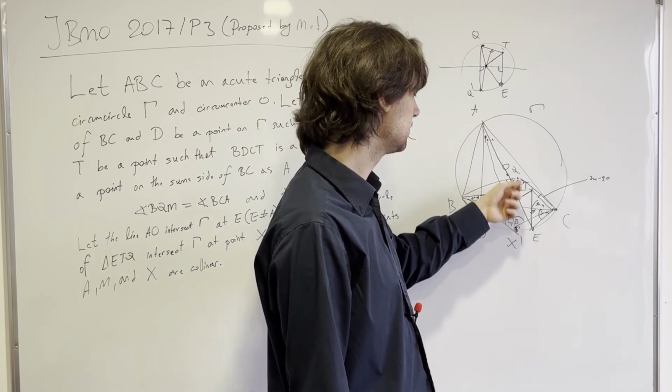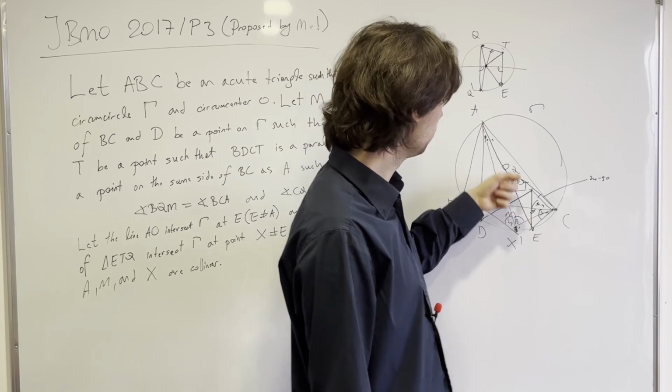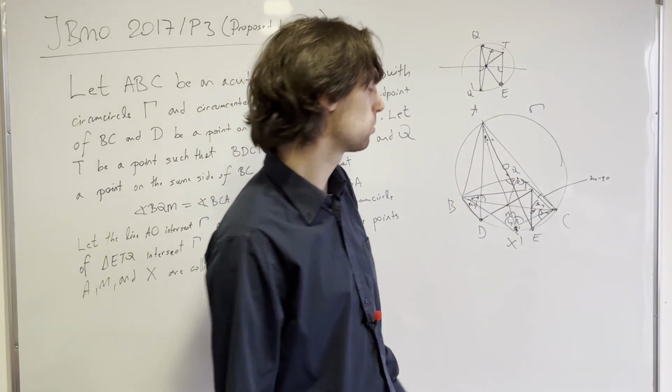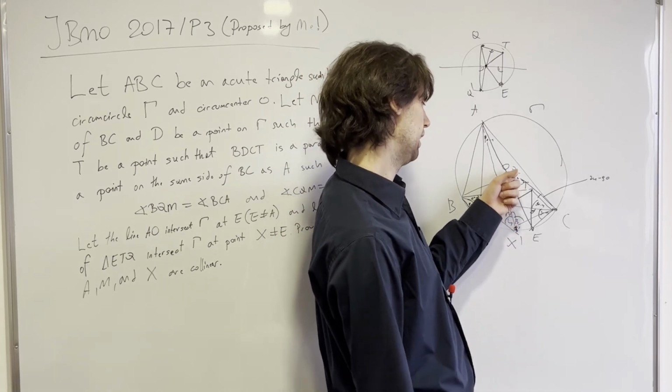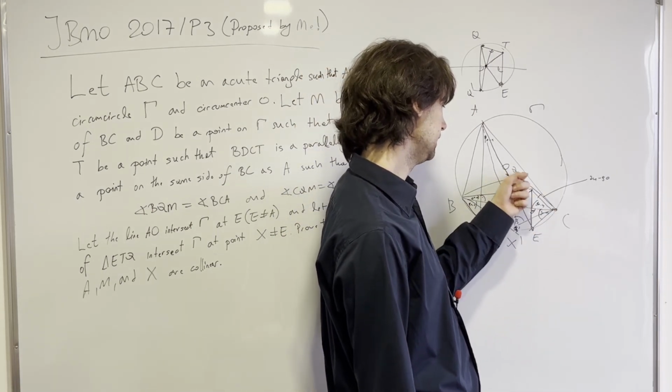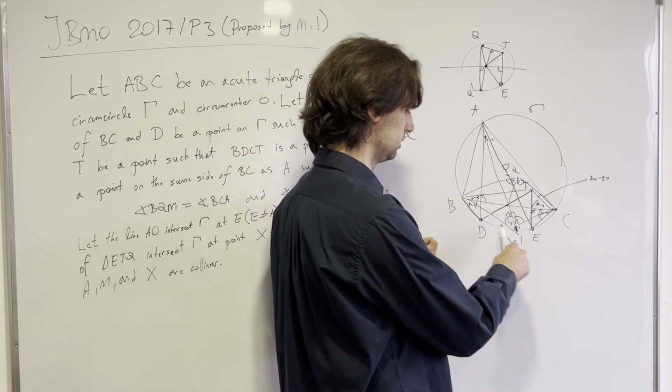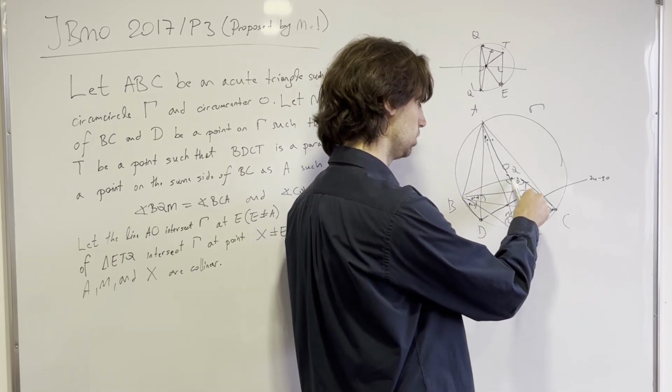Maybe if I reflect X prime to Q prime, then I would have these concyclic, and so the points X prime, Q prime.